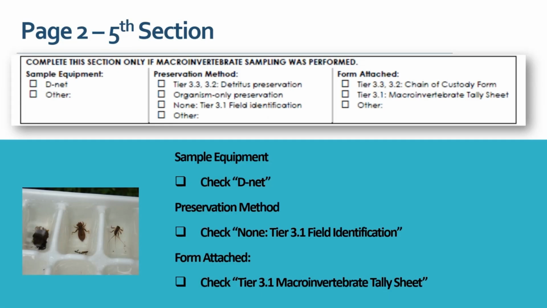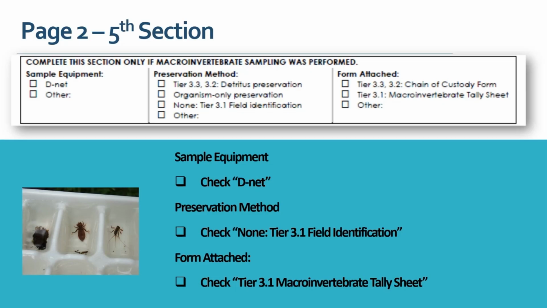For the people who are on Stream School today, the answers for this section are always going to be the same. Maybe your project manager will just edit the data sheet so that you only have the right answer available. The sample equipment that you're going to be using is a D-net. The preservation method is that you are not going to preserve the samples.